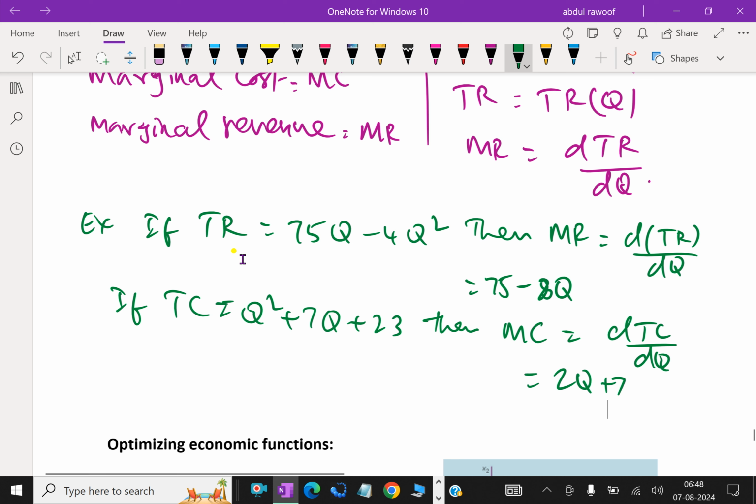So these are the basic things to go from TR to find MR. Total revenue differentiated gives marginal revenue, and total cost differentiated with respect to Q gives marginal cost.